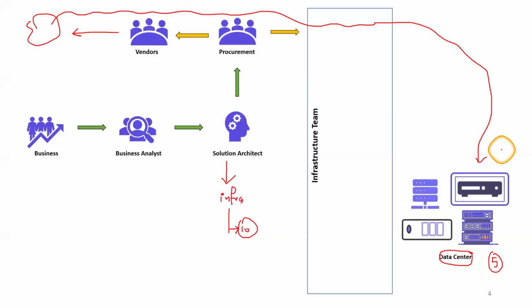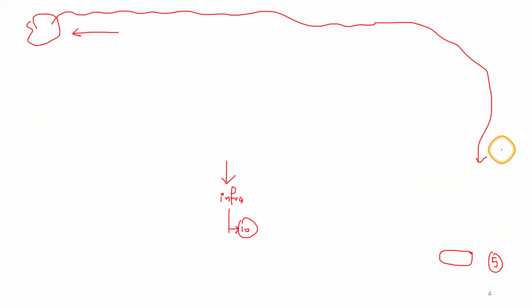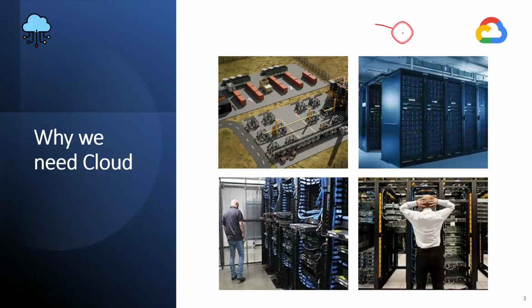Okay, so that's where the infrastructure team comes into the picture, and first the field engineers will be there. They will create a rack and stack. You might have just seen rack and stack, it means this one. So this is what we call the rack and stack. Whatever hardware or amount of infrastructure you are purchasing, the field engineers will convert that infrastructure or hardware into this rack and stack first.